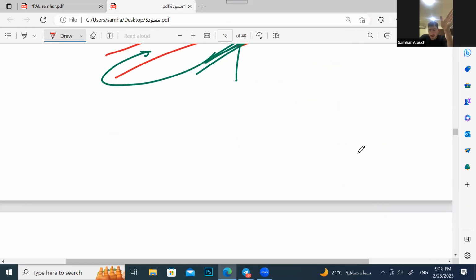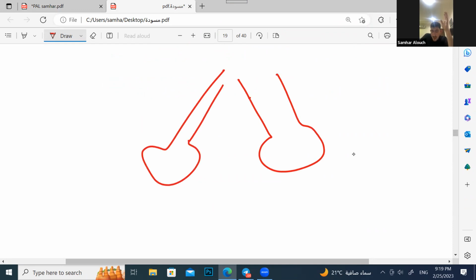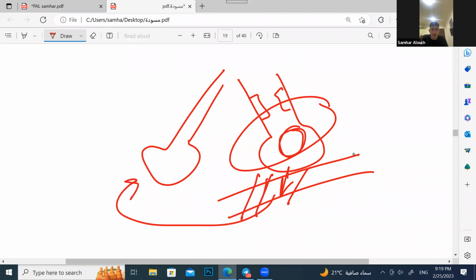What's important is that I have one alveolus closed, having hypoxia, so the blood vessel here will vasoconstrict. No matter what, if you have hypoxia here, this blood vessel will have vasoconstriction, and blood will go through the other vessel.